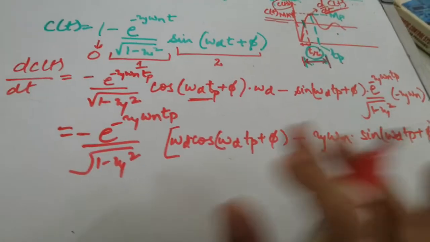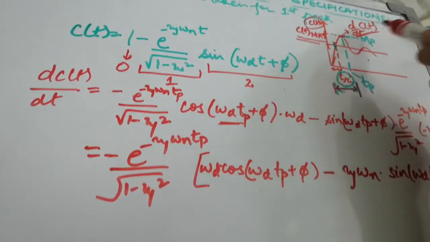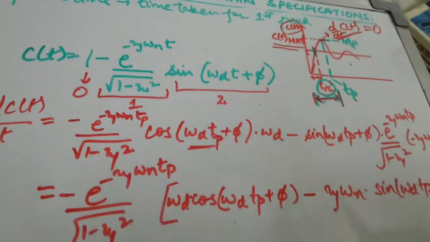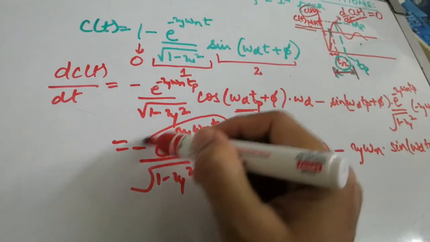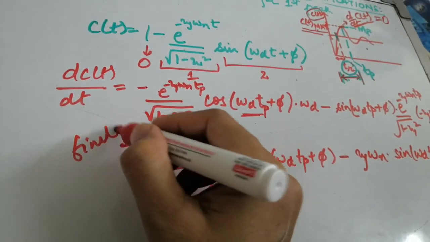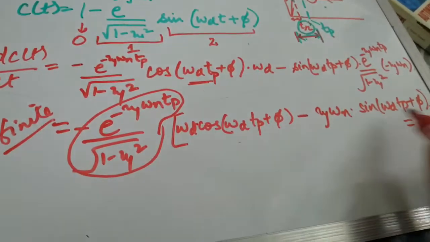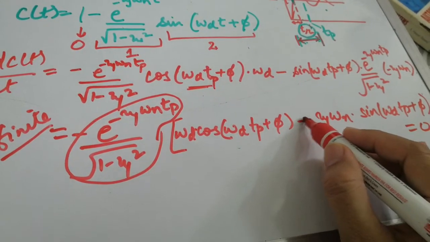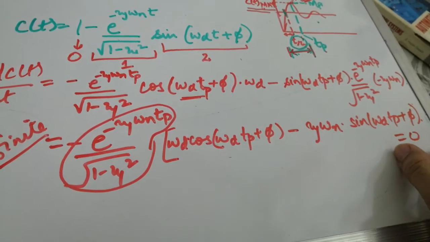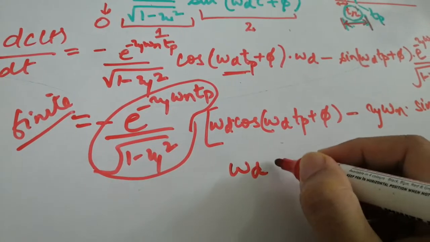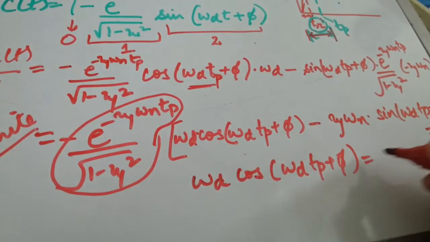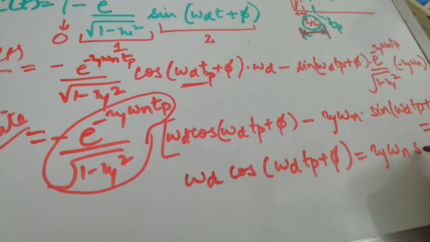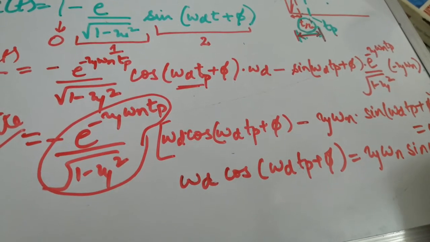So now I am going to again, because after taking the maxima we have to equate the value to 0 to find this C(t) maximum value. So now I am going to equate it to 0, and we all know that this value is finite, so we have to neglect it. We are only left with this trigonometric function. So I am going to take this negative sign, this whole term, towards the RHS. So I am left with omega d into cos of omega d tp plus phi equals zeta omega n sine of omega d tp plus phi.